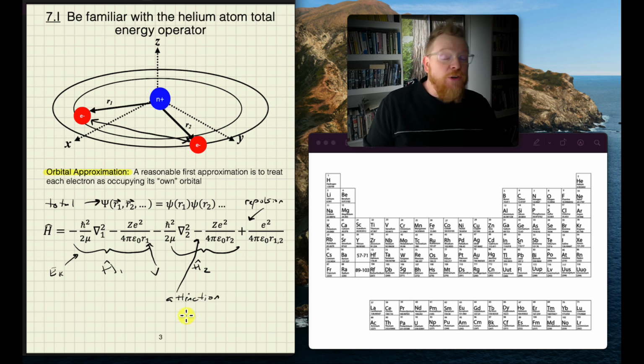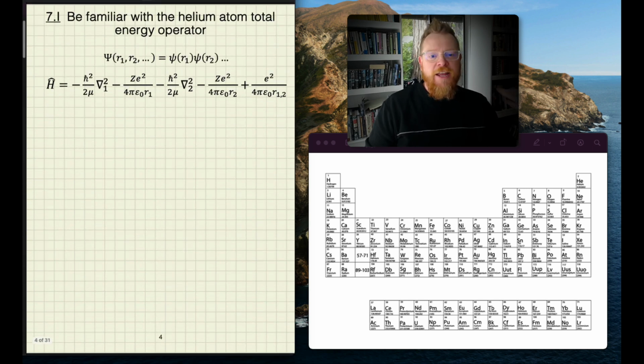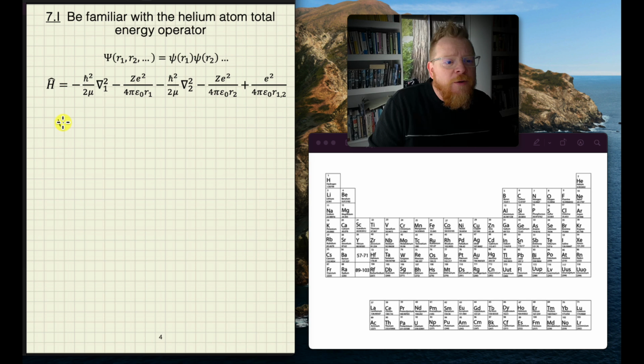So as it turns out, if we ignore this electron-electron term, this wave function can be solved. So let's go ahead and do that, just to demonstrate that we can use the separation of variables. If I put all of this together, we say some Hamiltonian operates on our big psi, R1, R2.